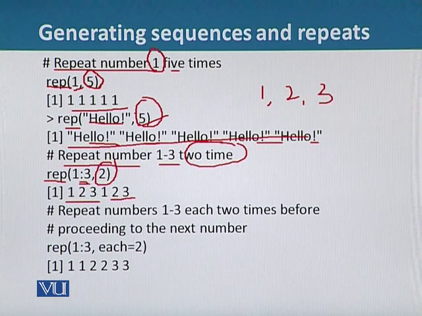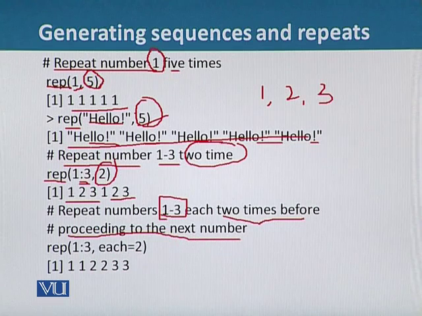Another type of repetition is if we want to repeat the numbers 1, 2, 3, each 2 times before proceeding to the next number. It means that each of the numbers will be repeated twice before it reaches the next number.